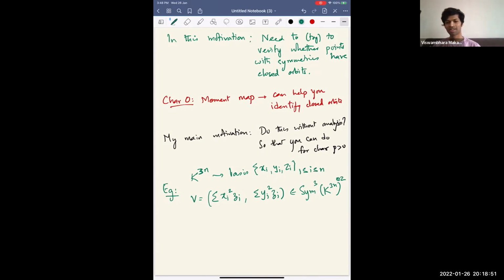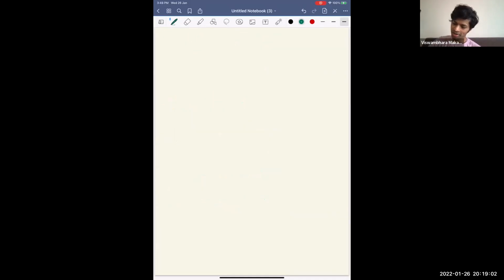But in order to explain the technique, I want to put myself in a slightly more baby setup, but I will still prove to you something you didn't know before. So I'm going to take as my example a symmetric polynomial in 3 variables, the complete homogeneous symmetric polynomial in 3 variables.